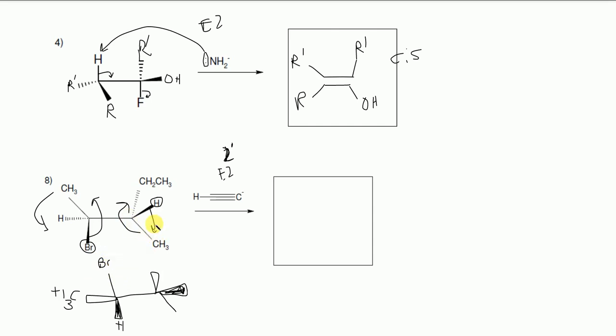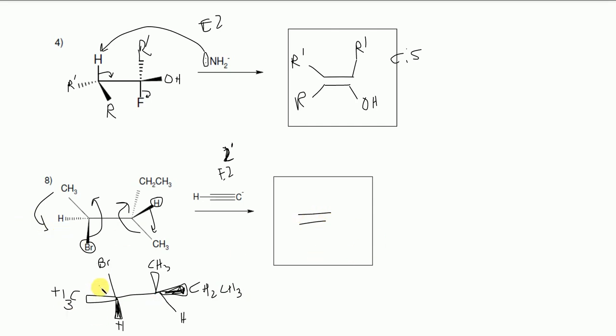And then for this one, I'm bringing my hydrogen down here. This is where I want my hydrogen. The CH3 is going up and it's becoming this right here. And then my CH2, CH3 is going on the wedge. And I hope everyone sees why this is important, because it's going to give you a different orientation of groups on the double bond. So I could just have said, yeah, I know it's a double bond right here and just drawn it, but you may not have drawn it correctly.